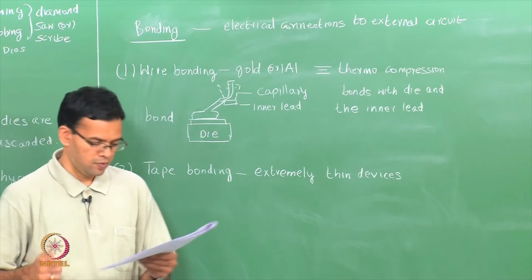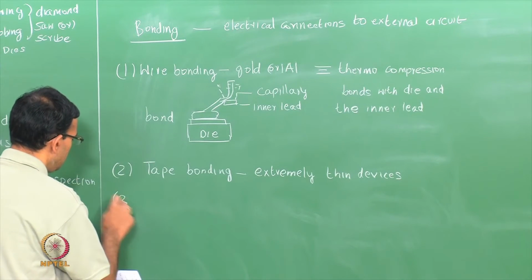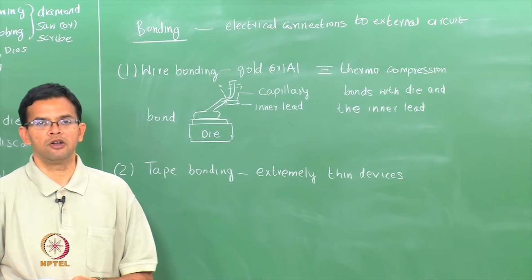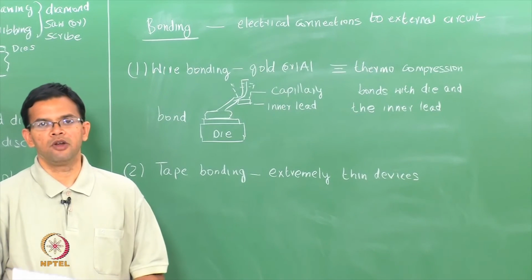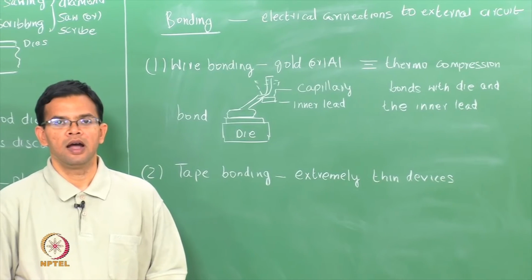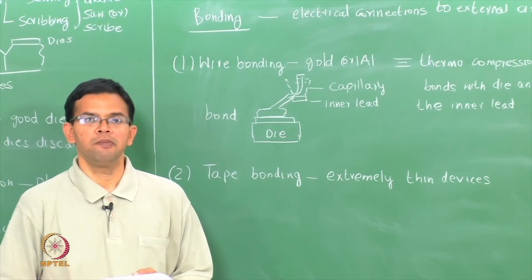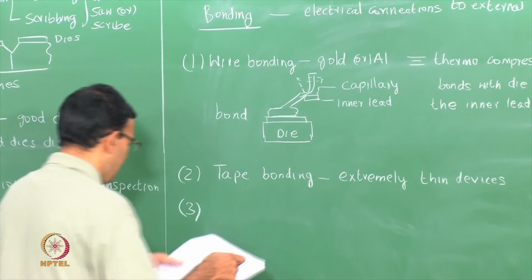But recently, when we have these IC circuits with a large number of leads, where a large number of connections have to be made and the leads are also closely spaced to one another, a newer method of bonding is being developed.